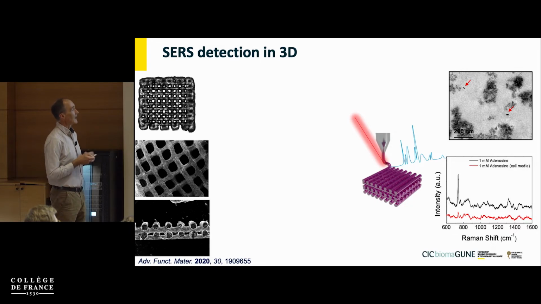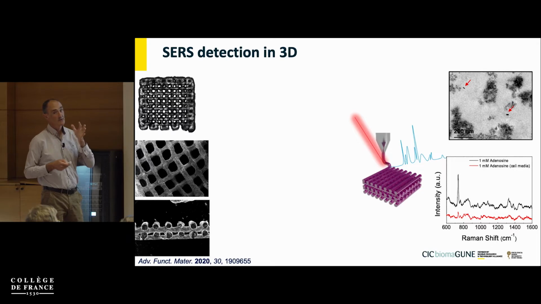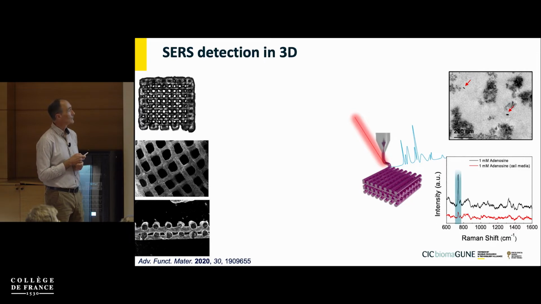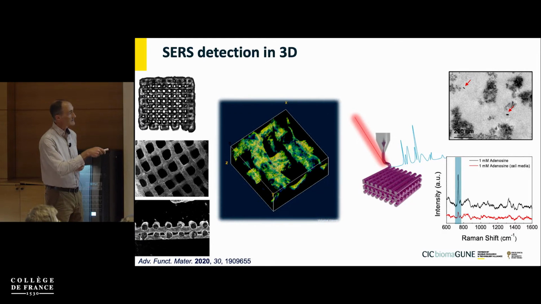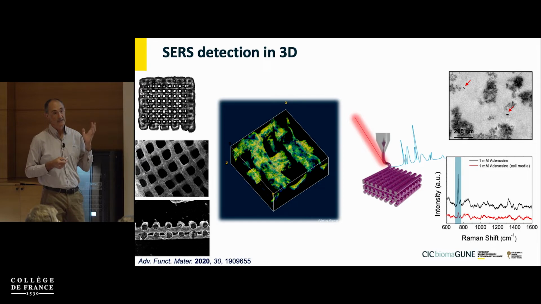Now, the nice thing that we obtained, and which was not so obvious, was that we can now do confocal Raman. And then we were able, by using this signal as providing the pixels in the analysis, to reconstruct the three-dimensional morphology of the scaffold from the Raman signal.